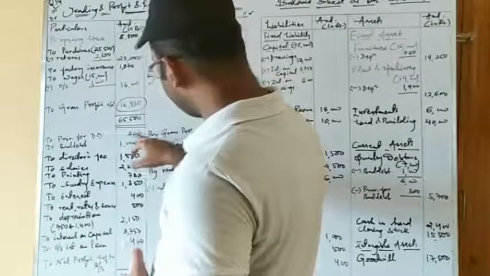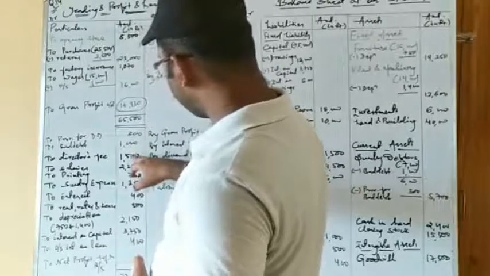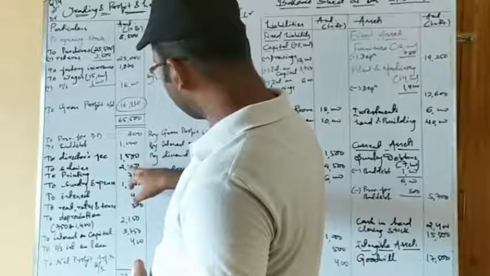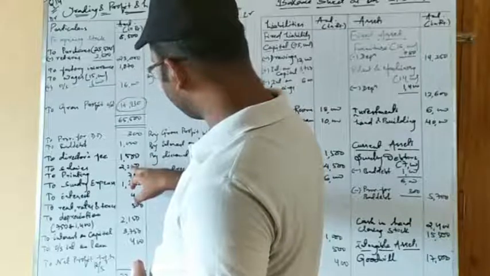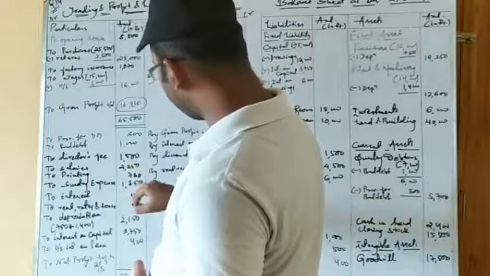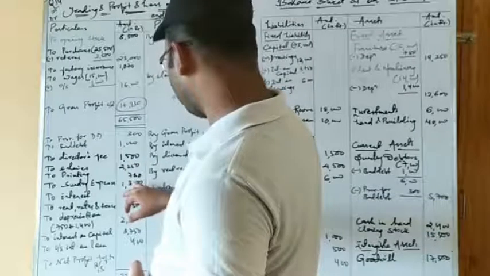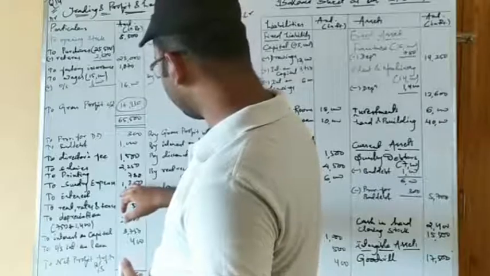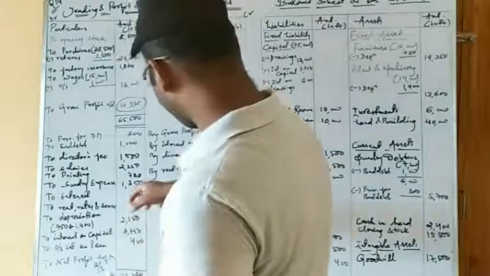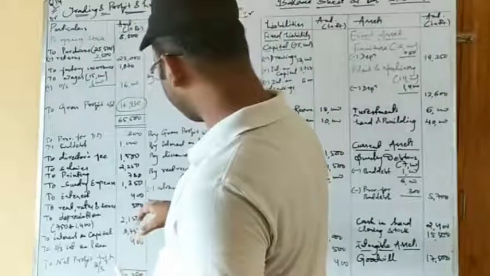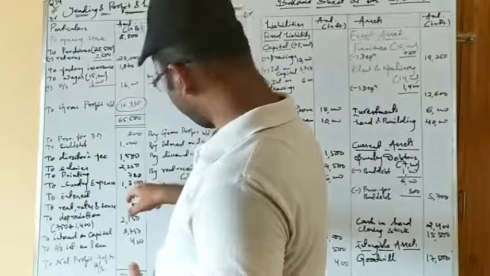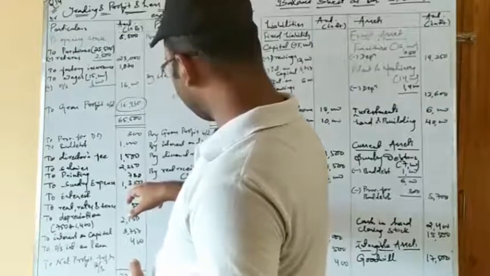It is 1,300, 2,300, 2,800, then it is 3,000, then 3,050, 5,050. So 5,050, here it is 6,050. 6,000.